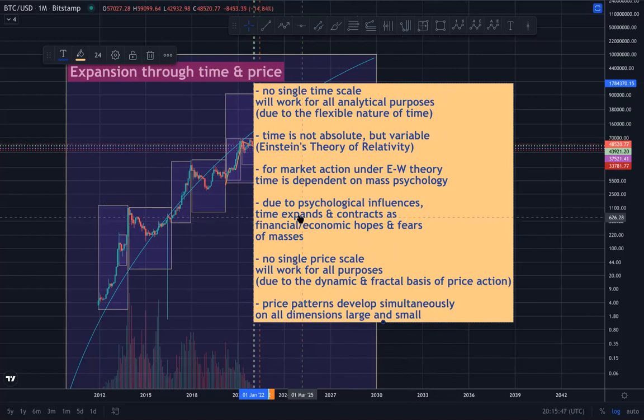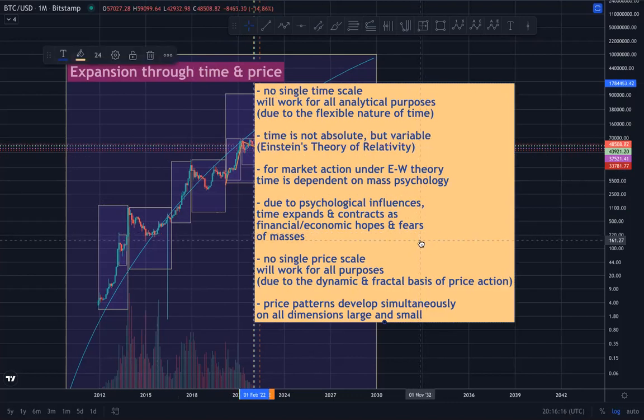So the price is really the hopes and fears of the masses, and the time itself seems to shift between faster and shorter and sideways versus trending. So that kind of idea, I think, for me, I'm just digging into this. I don't quite understand this. Really, this is very metaphysical.